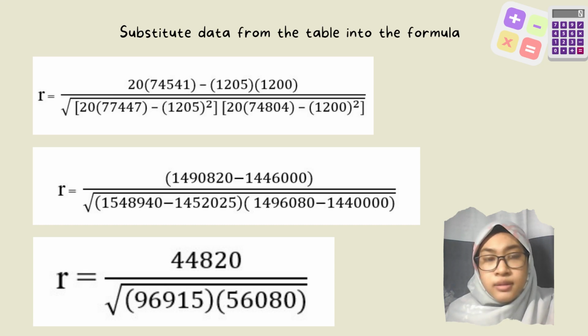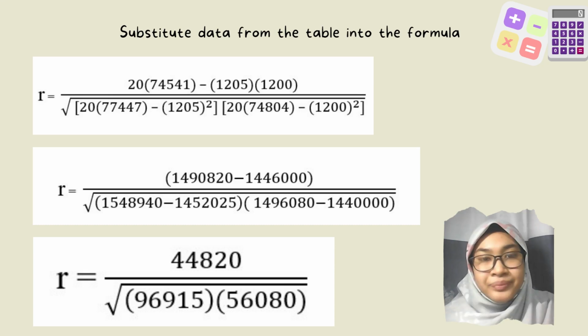As we observe from the calculation, the sum of 1,490,820 minus 1,446,000 divided by the square root of the result of subtraction between 1,548,940 and 1,452,025, then multiplied by the result of subtracting between 1,496,080 and 1,440,000.